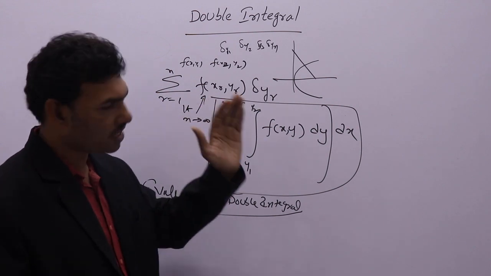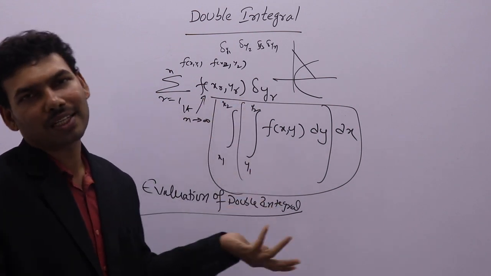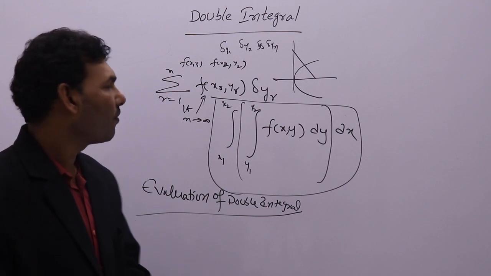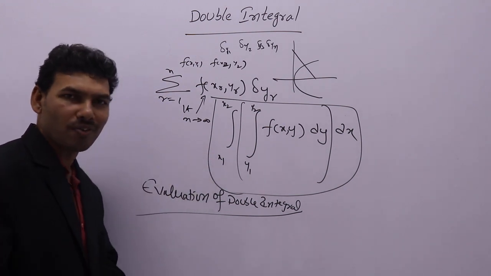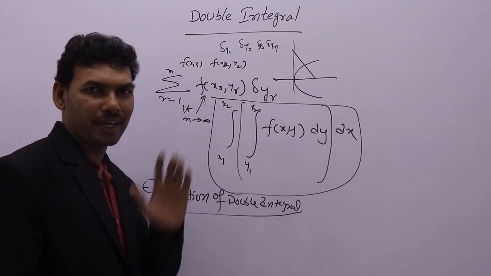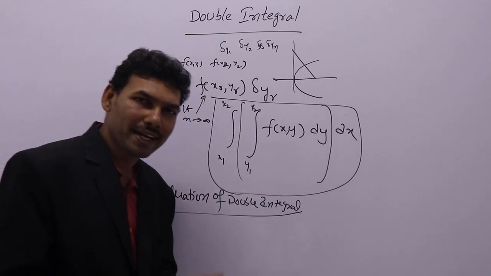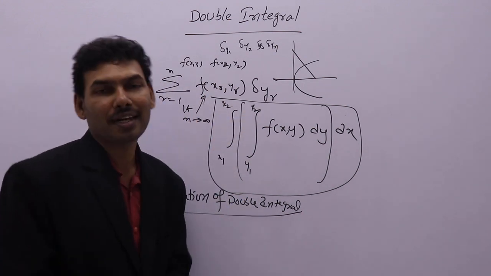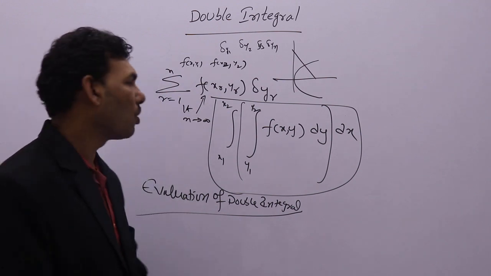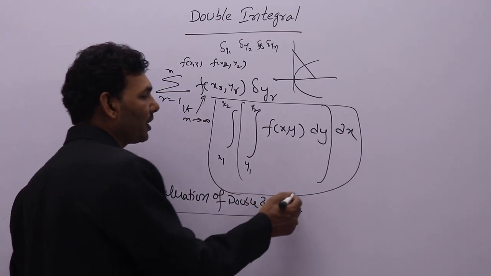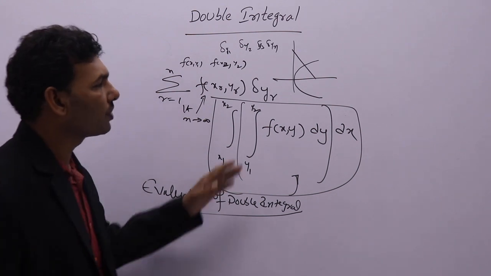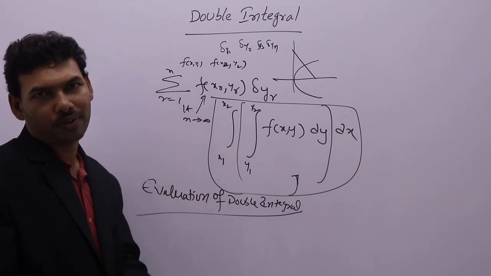While integrating with respect to x, keep everything other than x constant. For example, if x limits are in terms of y and y limits are constant, then integrate first with respect to x, next with respect to y. So a double integral is evaluated in this manner, first with respect to y, next with respect to x.